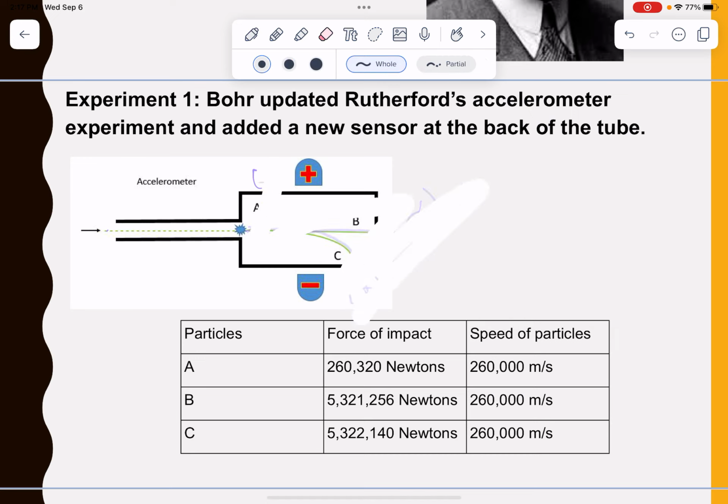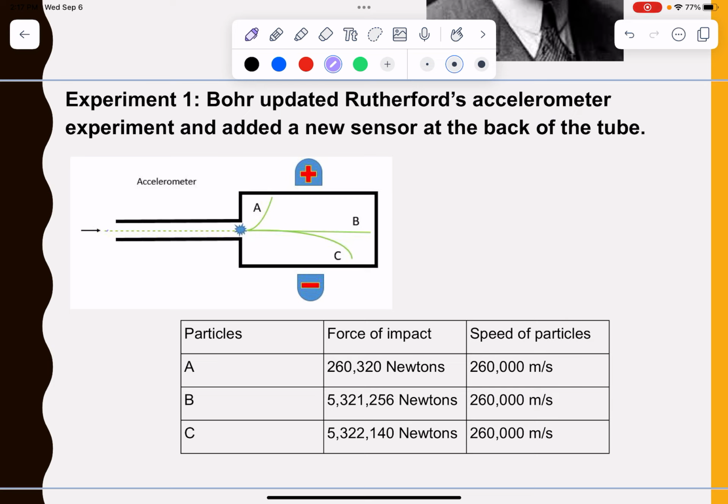So he was able to see through this experiment that there are 3 particles in an atom. And importantly, when we look down here, all 3 of them were going the same speed. And particle B and particle C hit with basically the same force. So when they impacted in the machine here, they hit with the same force. However, particle A hit way lighter, with way less force.